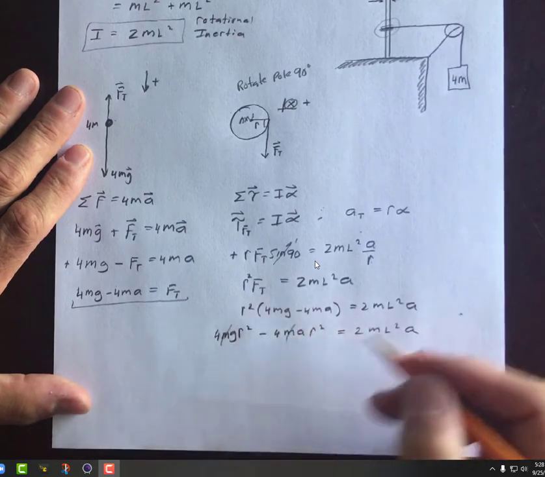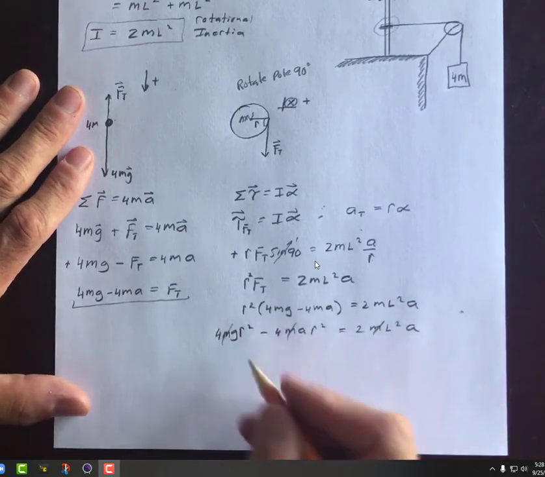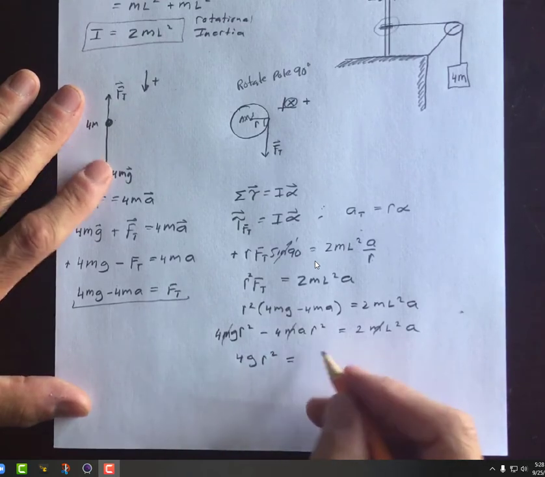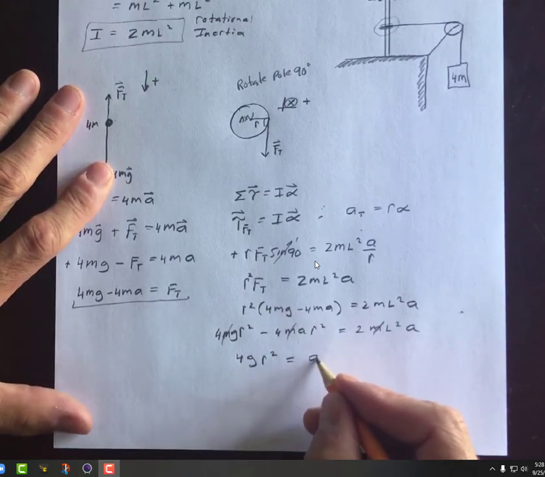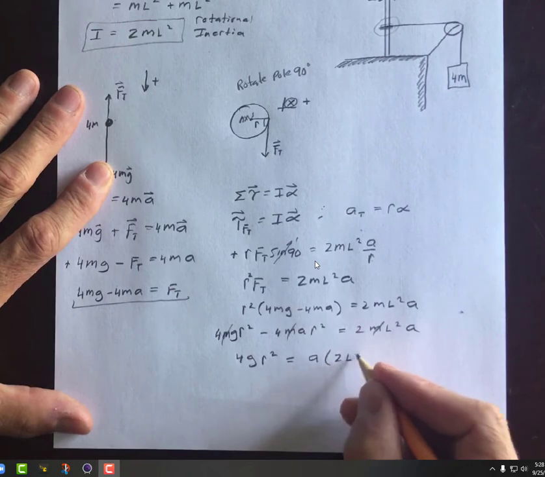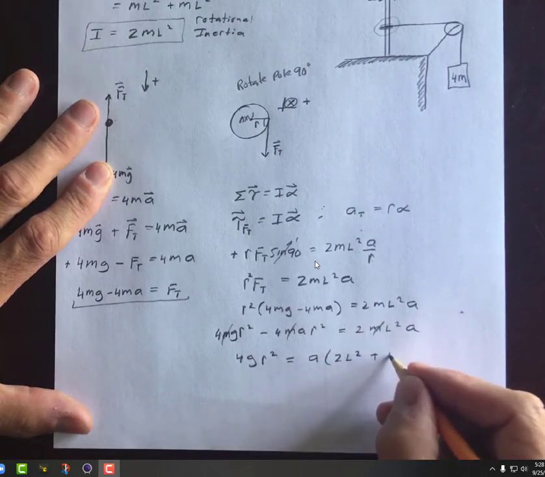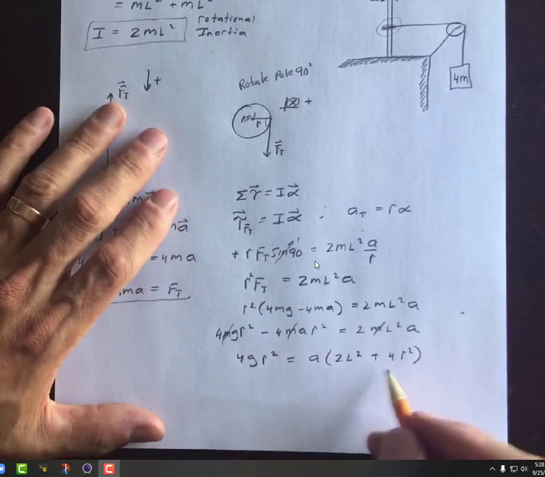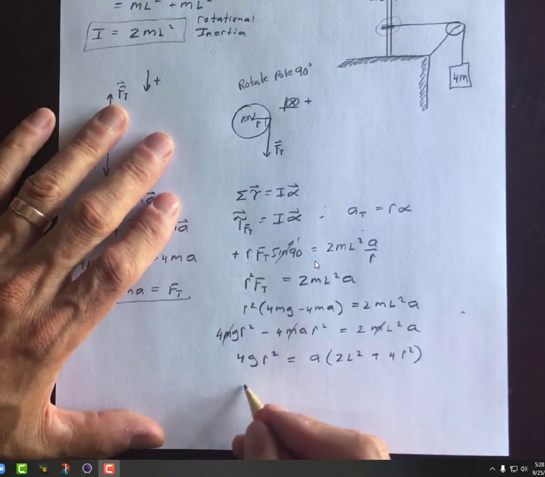Divide out all of the m's and group together the a's. And then before I divide, I'm going to factor out a 2.